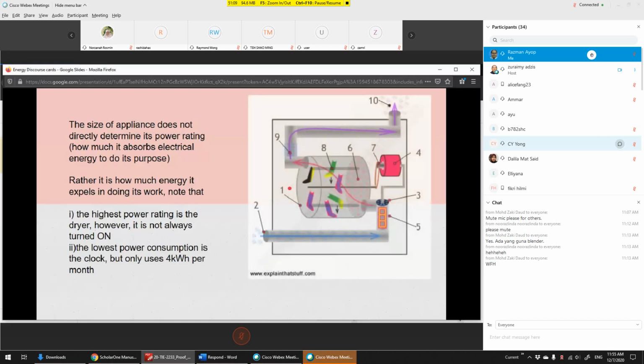Okay. So why is the dryer taking up so much power? Because look here, you have a heating element to heat up the gas, and then you have the fan to blow the hot air, and also you have the motor to turn the drum. So all this takes a lot of power, around 5 kilowatts.